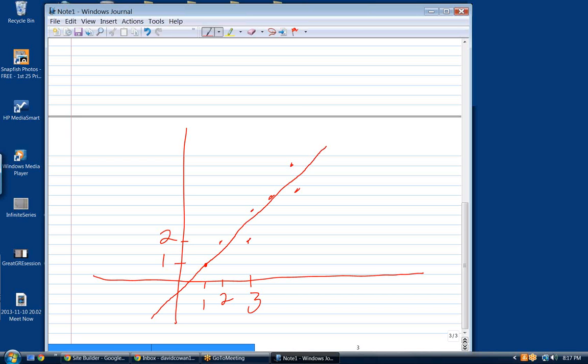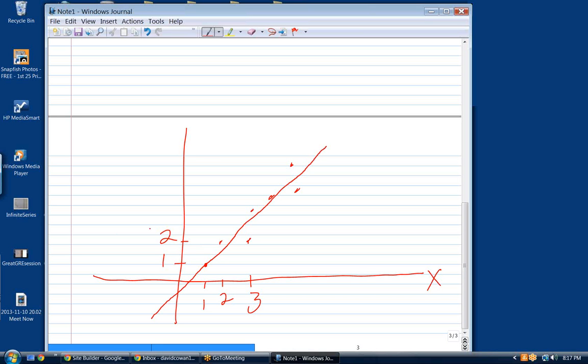You have to create two lists, list 1 and list 2, which are your x points and your y points. In other words, my x points here would be 1, 2, 3, 3.5 or 3.1, maybe 4, and so forth, and the corresponding y values.